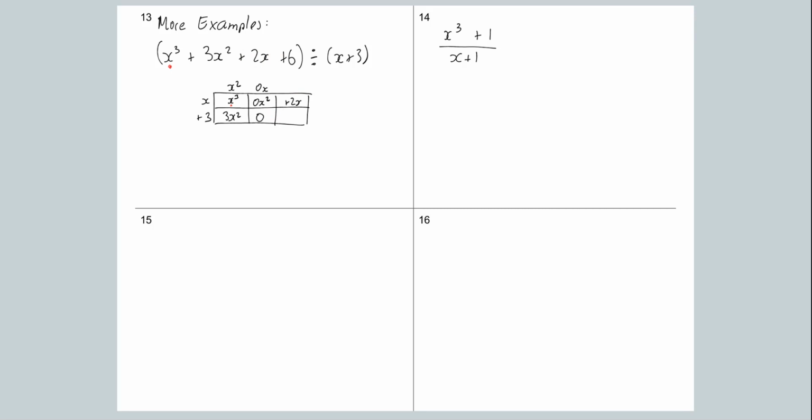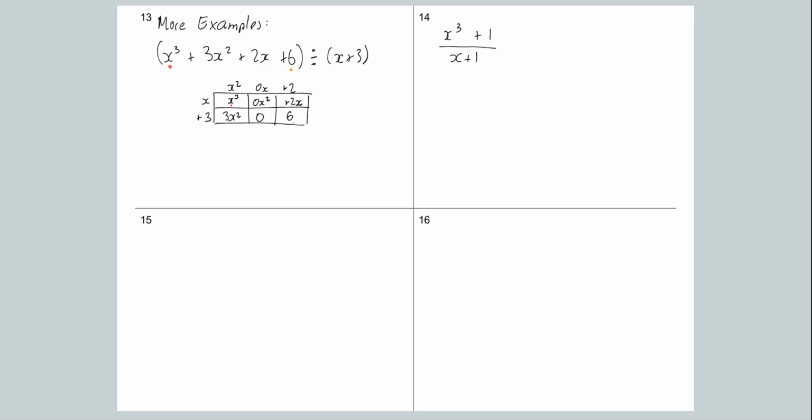The answer is 2x. x times what will give me 2x? The answer is plus 2. And then 3 times 2 is equal to 6, which is the same as the last term here.